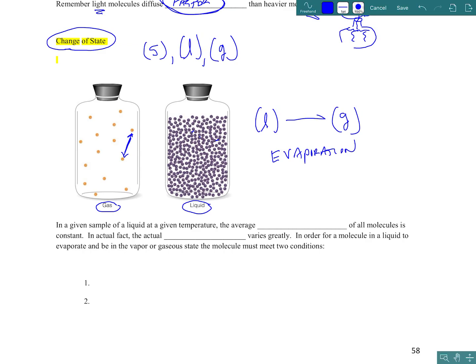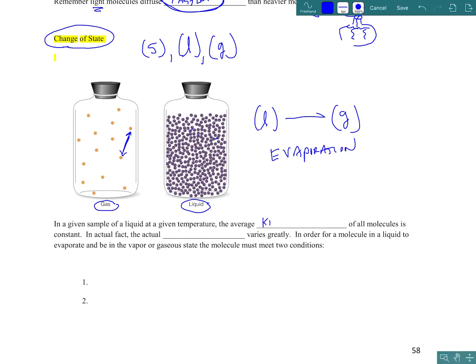Now, to start, in a given sample of a liquid at a given temperature, the average kinetic energy of all molecules is constant. However, in actual fact, the actual kinetic energies of individual particles vary greatly.